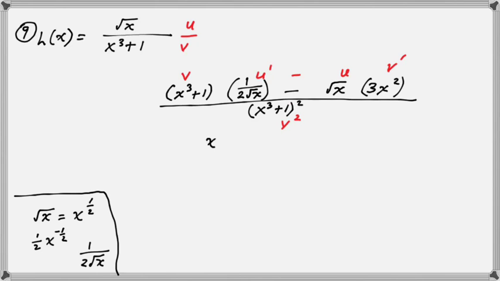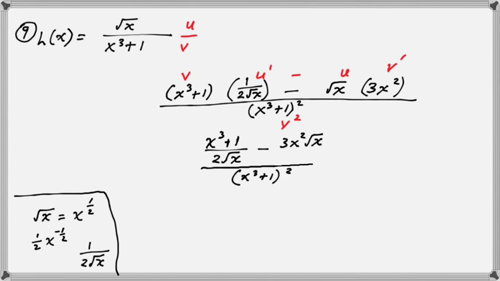So all I'm going to do is rewrite it. X to the third plus 1 is divided by 2 radical x. This would be 3x squared radical x, and it would all be divided by x to the third plus 1 quantity squared. Now you have a fraction and a fraction. I'll never accept that as an answer, and we're going to deal with that momentarily.